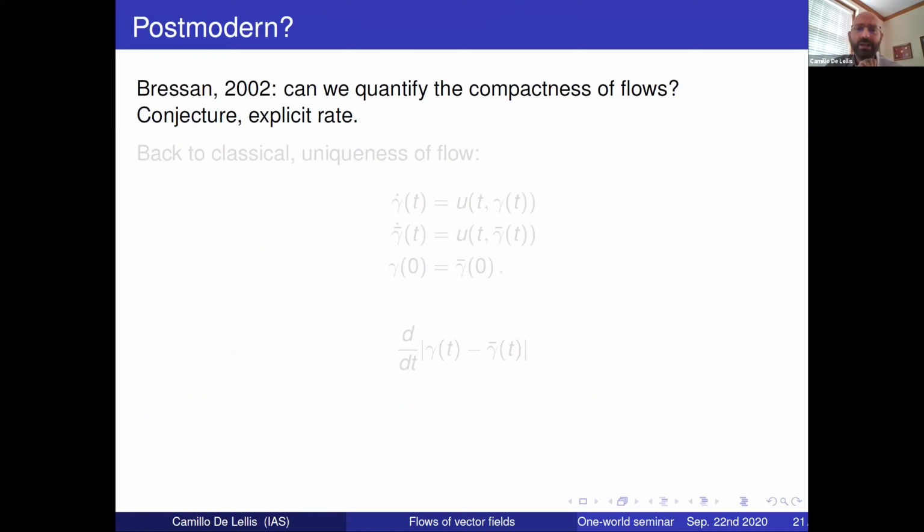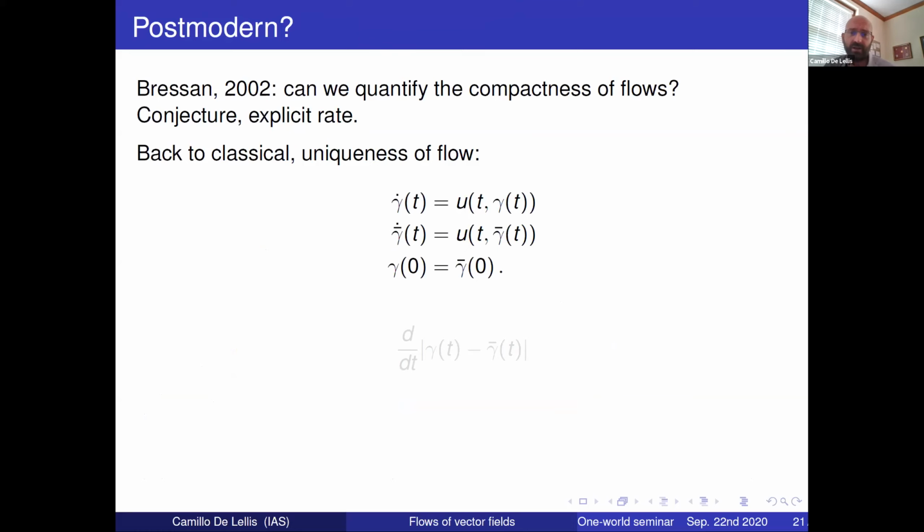So one very natural question, and this was actually given by Bressan in 2002, is, can you actually get uniqueness or existence of these flows in a more classical way? So if you remember the classical Cauchy-Lipschitz theory, the way you derive the uniqueness of the solutions is to differentiate the modulus of the difference of two solutions.